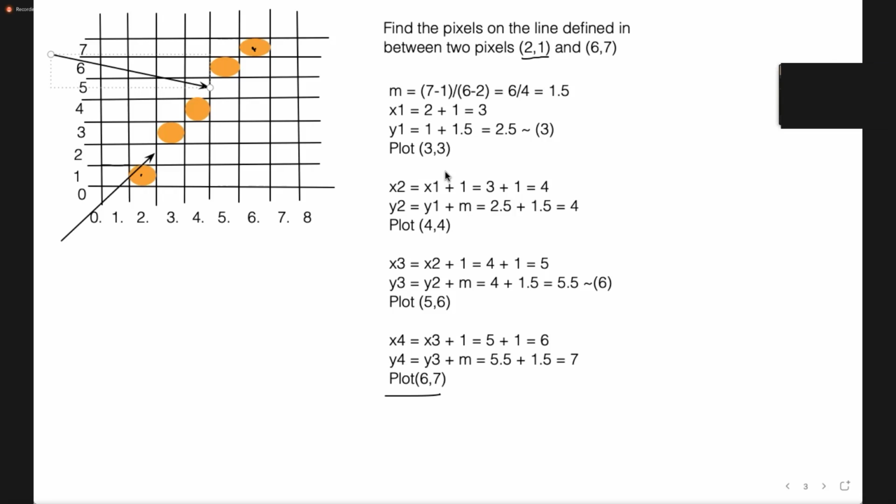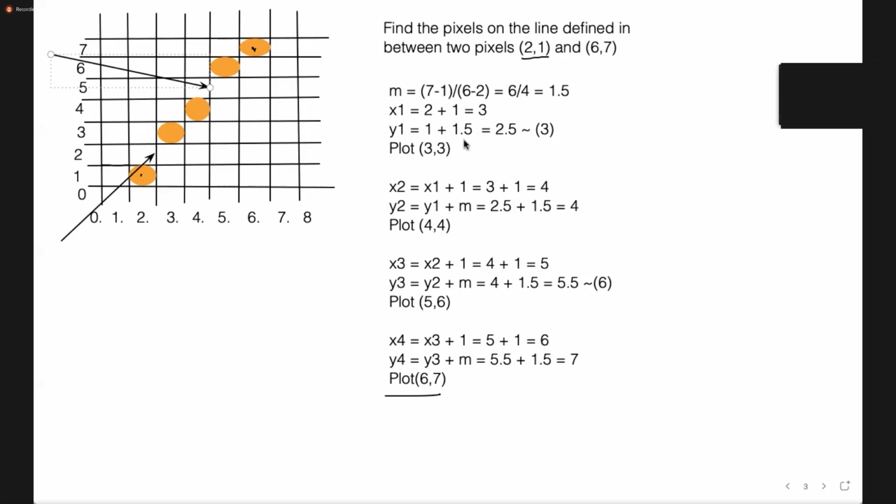Now this can happen in another case, no? Then it is not going to work.